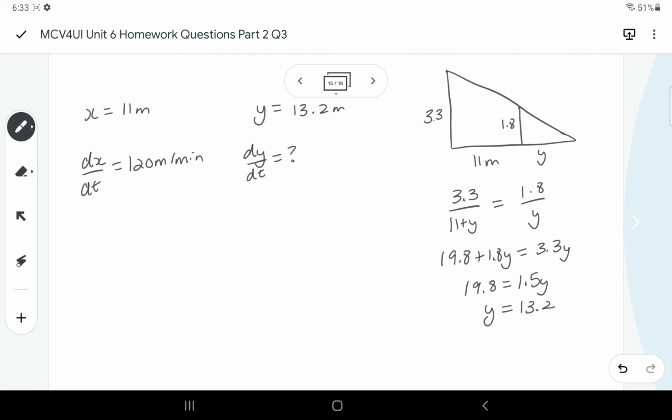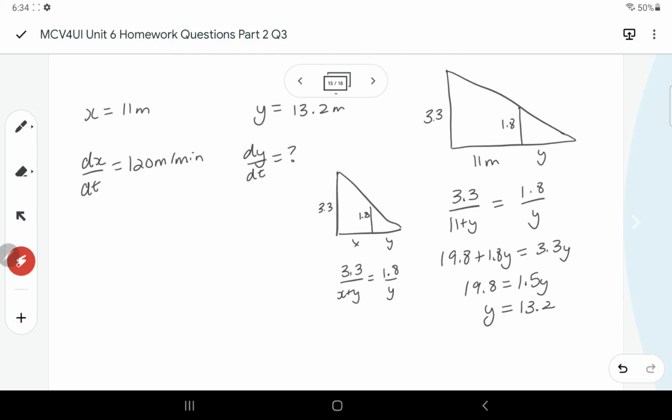Now I'm going to take these triangles again and do the same thing, but this will help me set up my related rates. So I know that this is x and y and 3.3 and 1.8. And I know that 3.3 over x plus y equals 1.8 over y. And I just realized I did not need to solve for that y value.